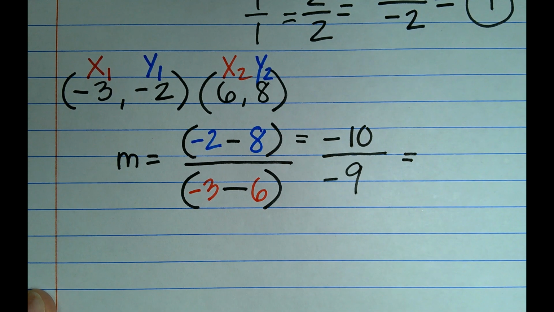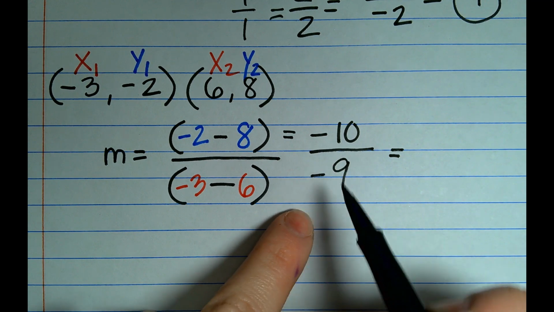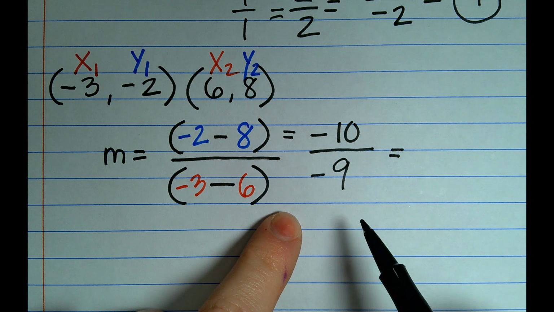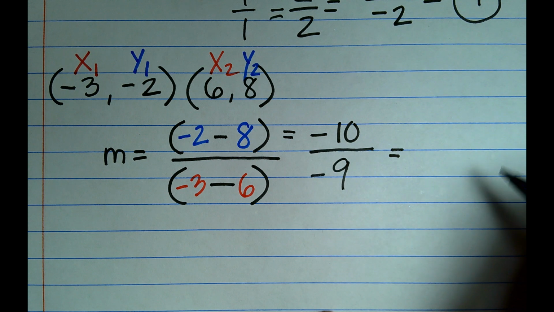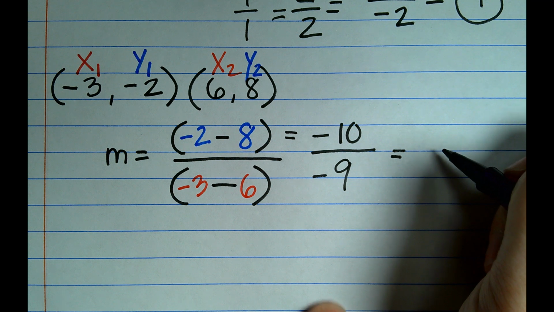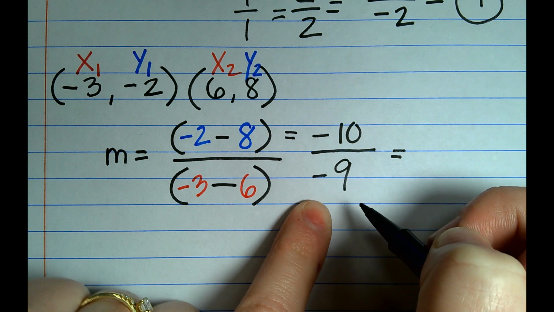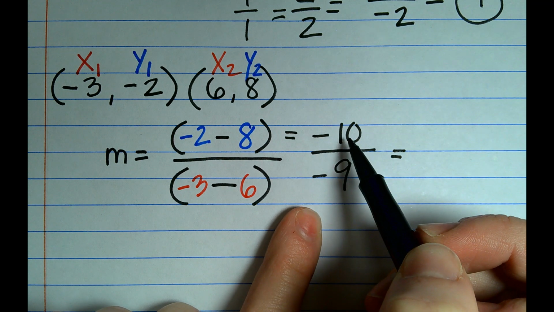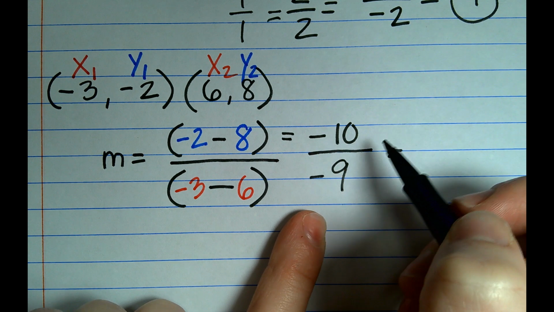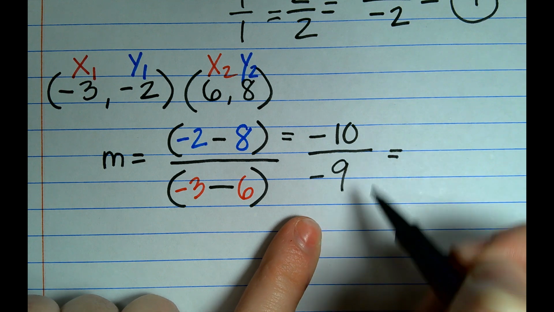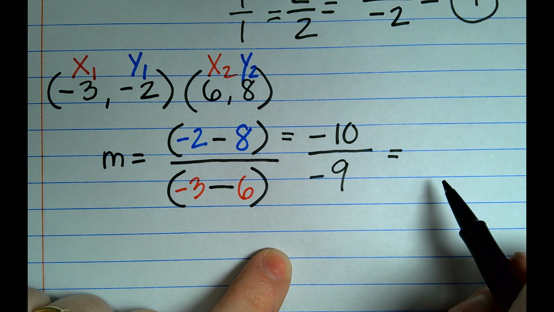What's the next step? We can simplify what? Negative 10 and negative 9, what do they become? They'll be positive. Actually, negative 10 and negative 9, if I try dividing by 2, I would get negative 5, but then the 9 can't be divided by 2.